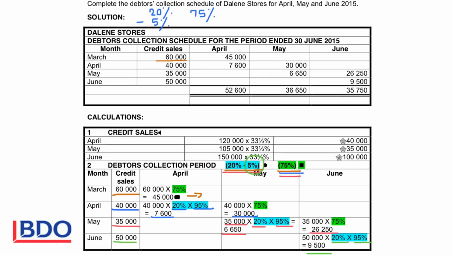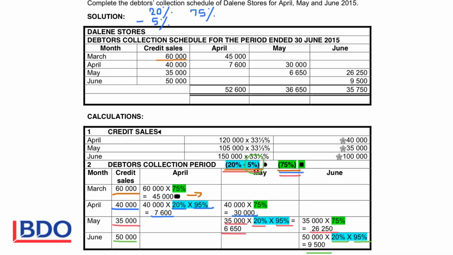If we go to the debtors collection schedule now, it means that we will go and transfer the figures that we calculated. So in April, we said the total amount that we received was the 45,000. So I will show the 45,000 under April.